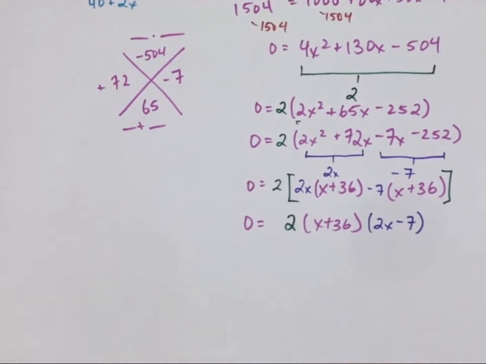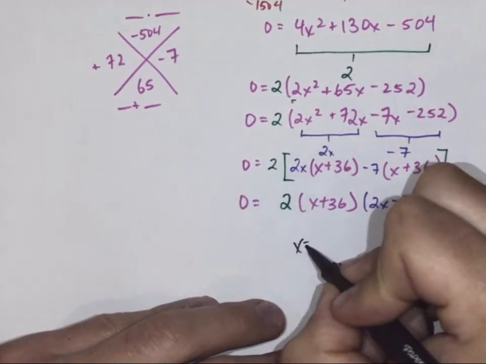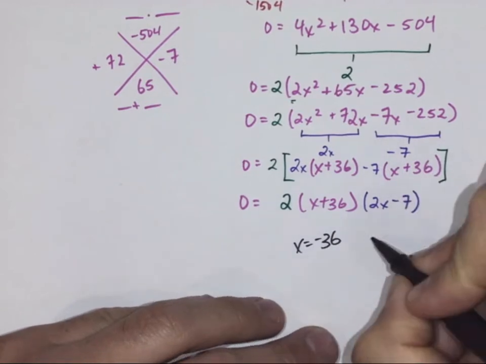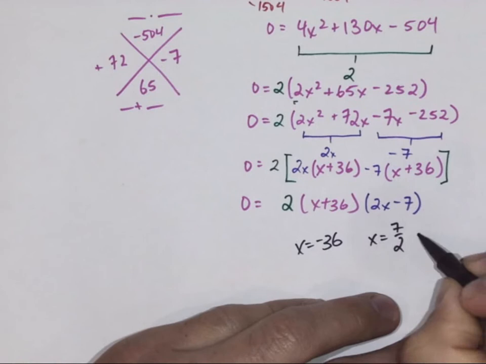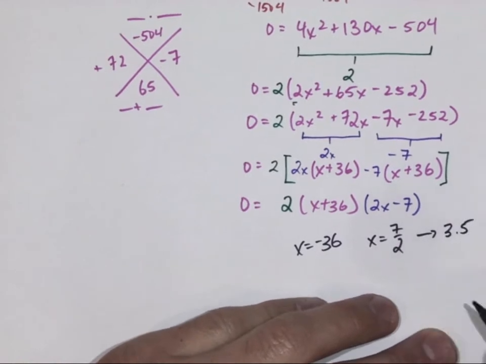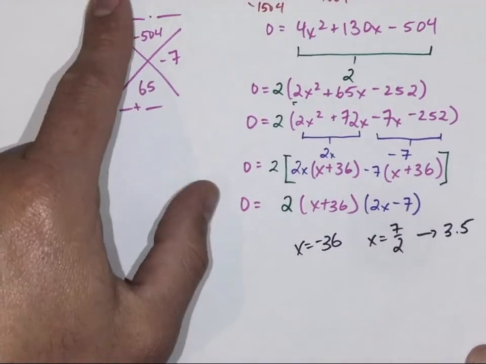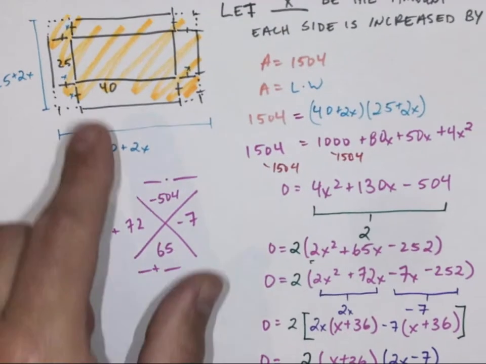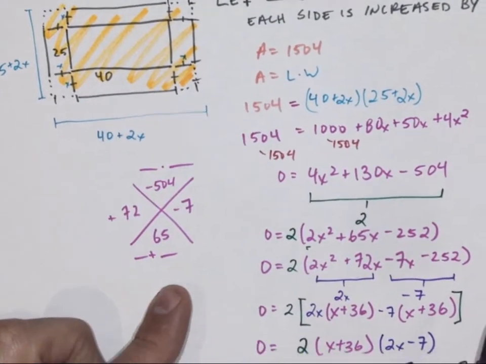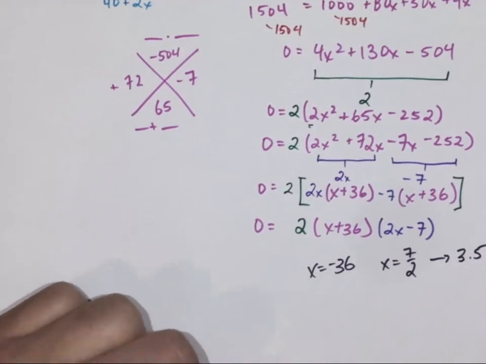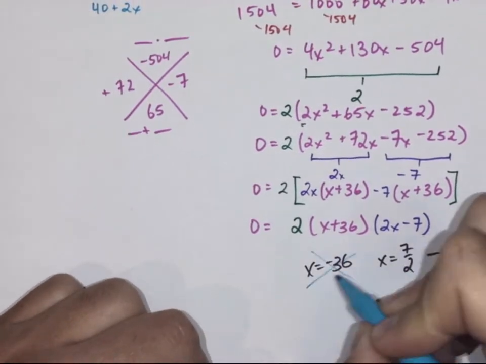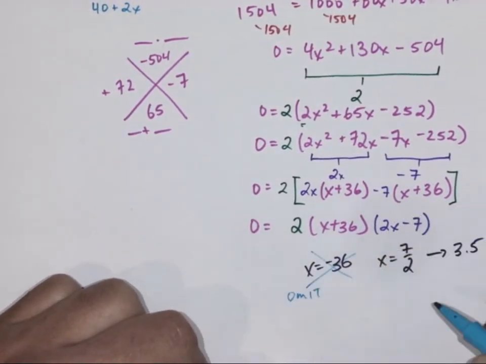So from there, I have x equals negative 36, and x equals positive 7 halves, which is really 3.5. If we are changing the dimensions and increasing, we cannot increase by a negative number. Because of that, we're going to omit or not count it.